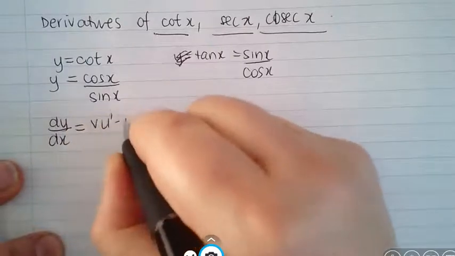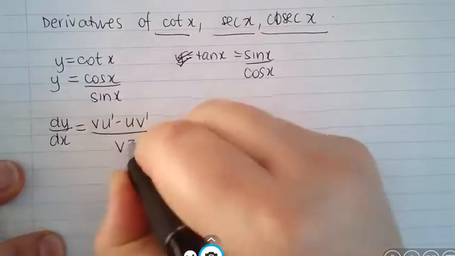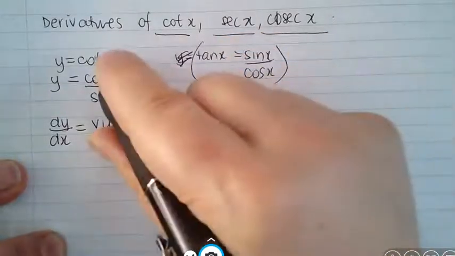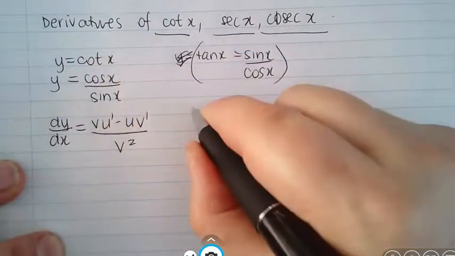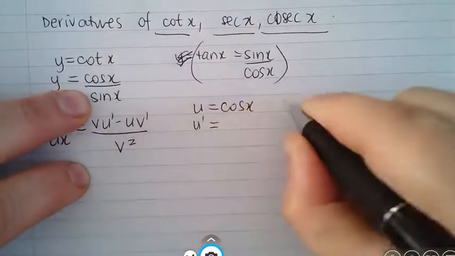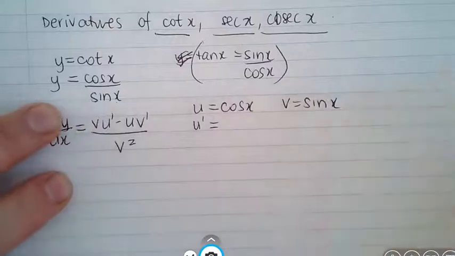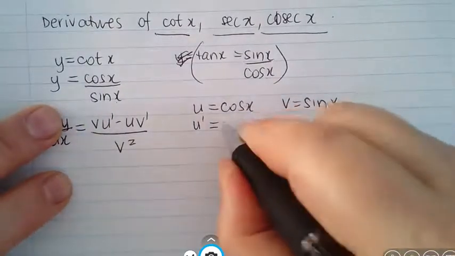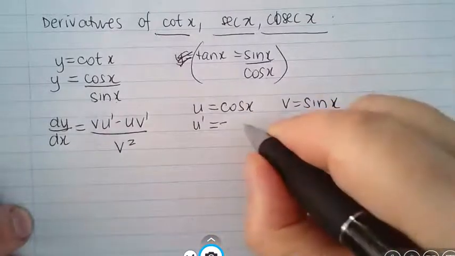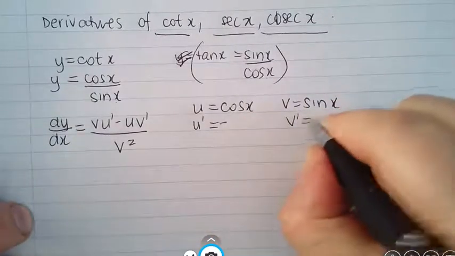Quotient rule, vu dash minus uv dash over v squared. So just remembering tan is sine on cos, so cot is cos on sine, the reciprocal. u is cos x, we did do this quickly last lesson, and v would be sine x. So u is cos x, u dash is what? Come on. Differentiate cos.